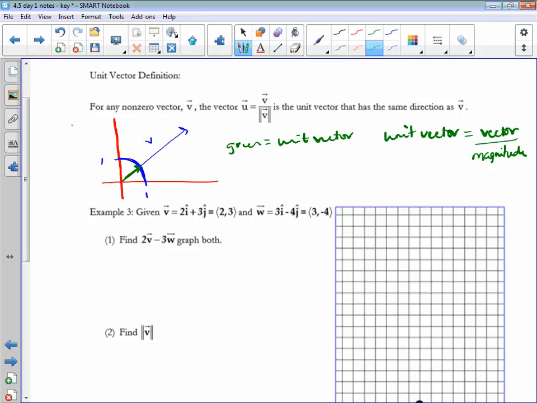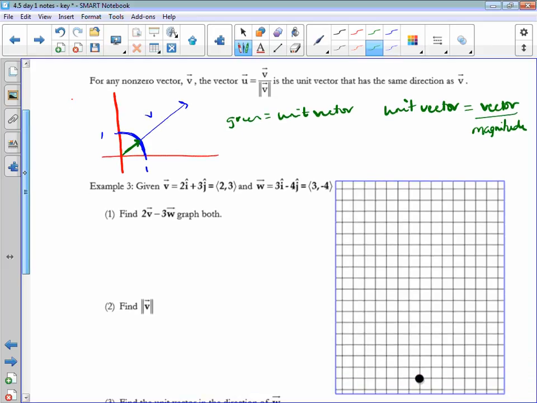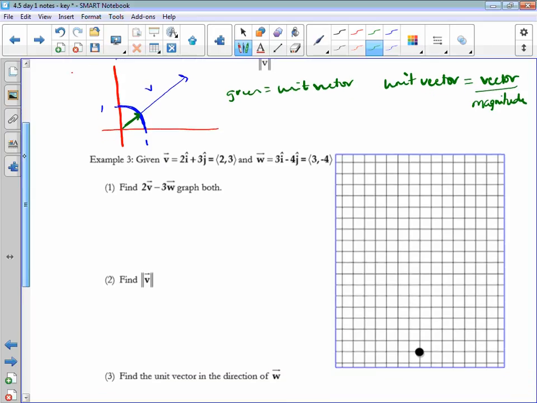Alright guys, I want you to try the next little section here. You're given vector v and vector w. I want you to find 2v minus 3w. And it says graph both. We're going to graph those together. I want you to do the algebraic part, and then also try to find the magnitude of v. So do 1 and 2 for me, okay?